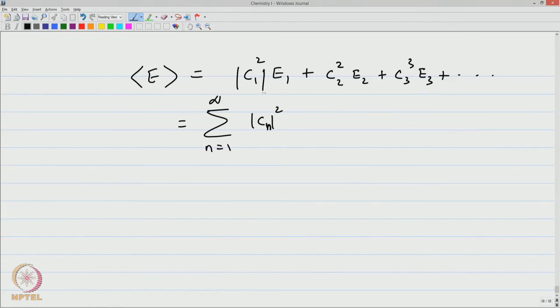Okay, I have just put the C without the absolute values, but they are the absolute values. This is the average value. And now you can see if it is an eigenstate, then all coefficients are 0 except 1, and that means it is that energy. Therefore, the energy measured for an eigenstate is always the eigenvalue. If it is not an eigenstate, any one of the energies are possible, and the probabilities with which these happen are given by these coefficients.